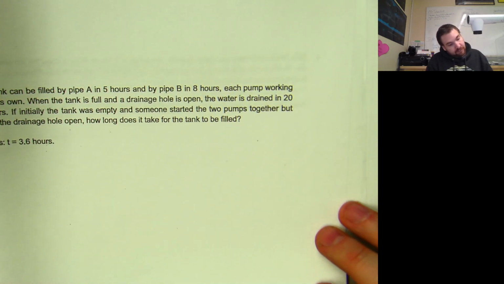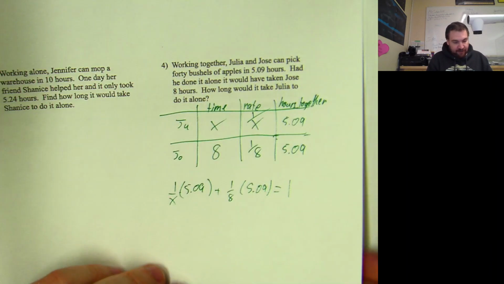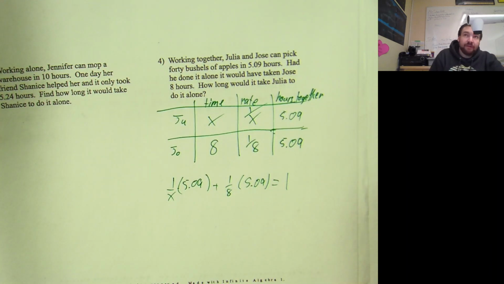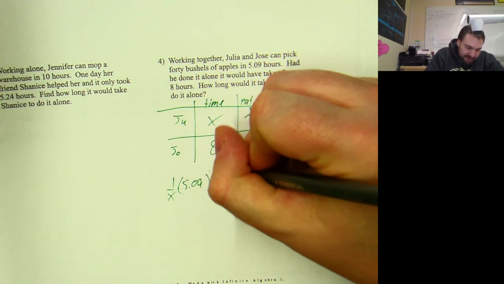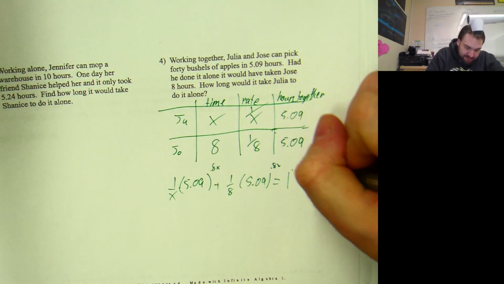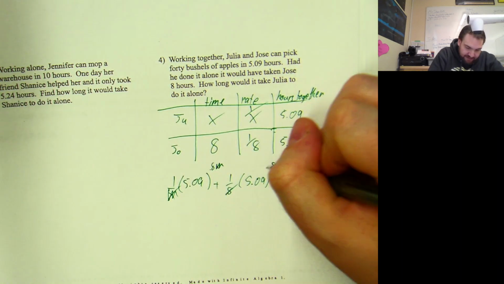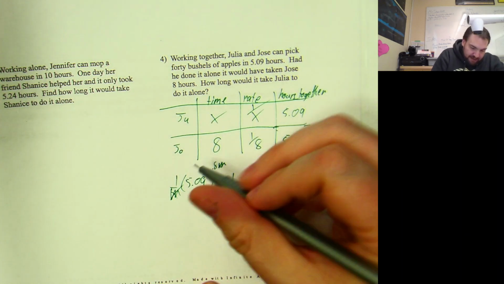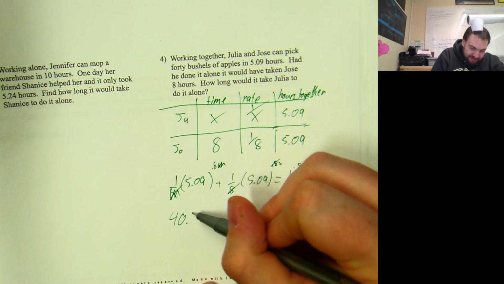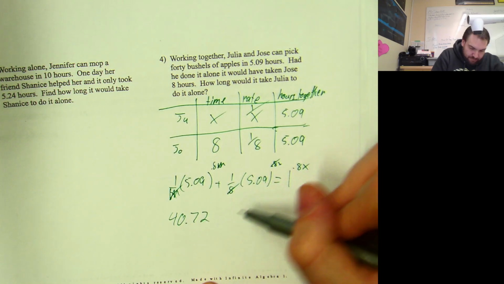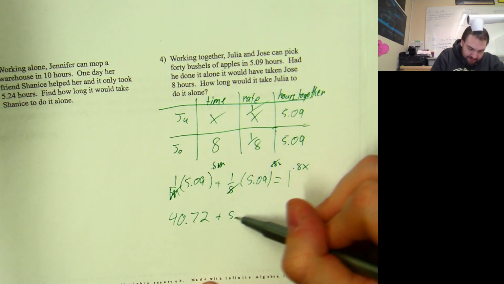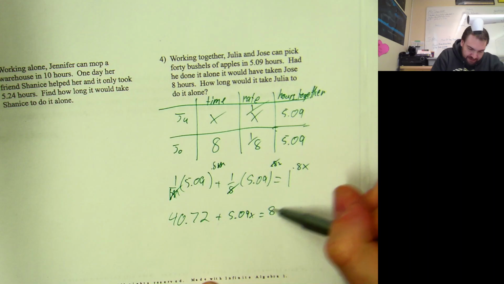Oh, okay. So we want 13.99 hours, so let's see if we can solve it. We're going to times by 8x, times by 8x, times by 8x. My x's are going to cancel here, my 8's are going to cancel there, and so I'm going to get 40.72 plus 5.09x equals 8x.